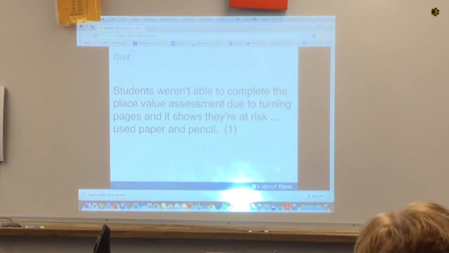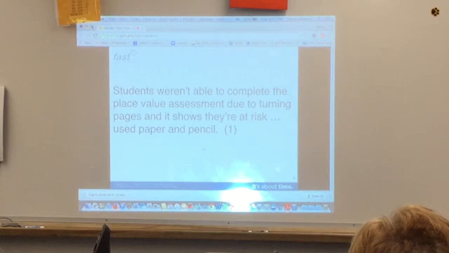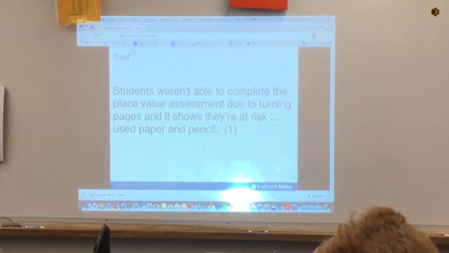That's one aspect of FastBridge that they are very invested in, separating themselves from other assessment products: it's a dynamic system that changes based on a number of things, including user feedback. So absolutely, they do change things. And so if you have an idea on the place value assessment that might be done in a better or more efficient way, let them know that. Okay?